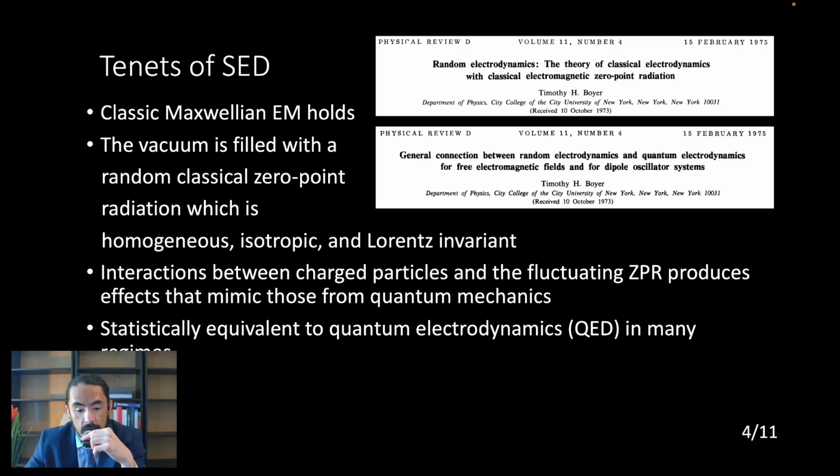In SED, the vacuum is postulated to be filled with a random classical zero-point radiation, which is homogeneous, isotropic, and Lorentz invariant. This will be mentioned in the paper. So what do we mean by the radiation being homogeneous, isotropic, and Lorentz invariant? Well, homogeneous radiation is uniform in its distribution as far as the energy or particle flux is concerned.